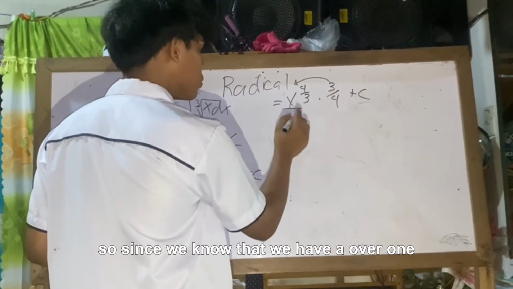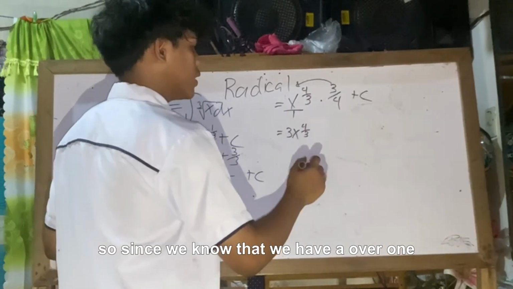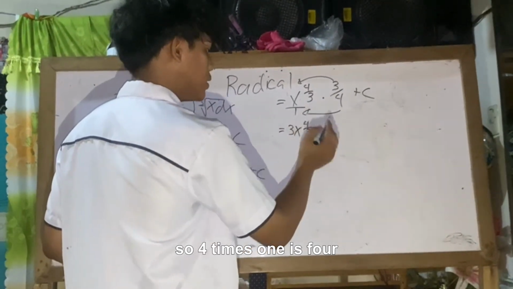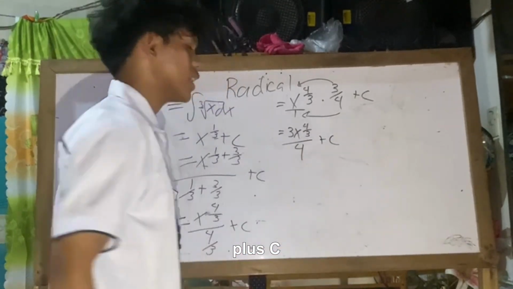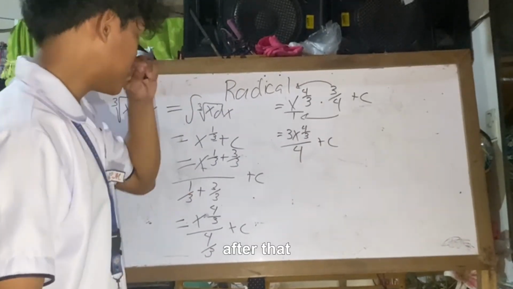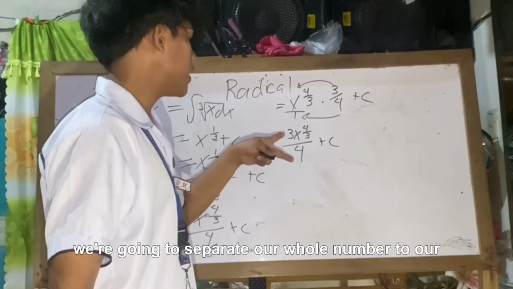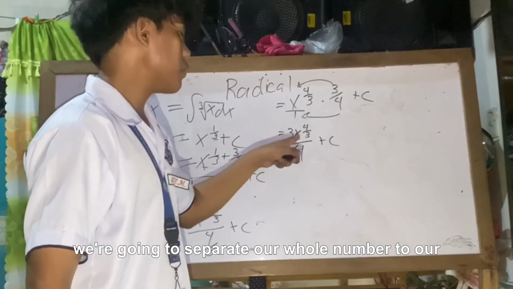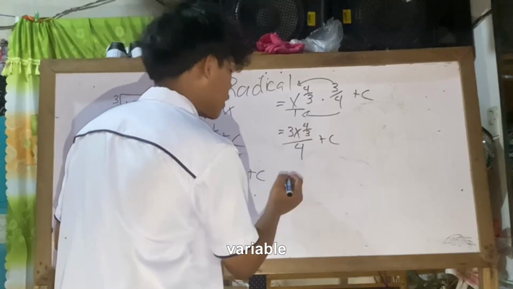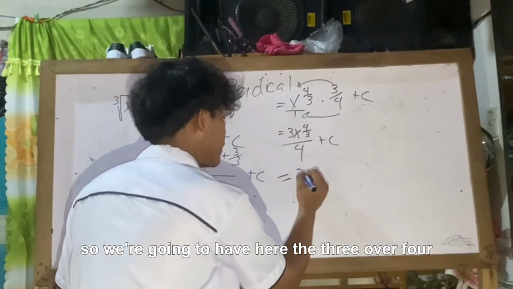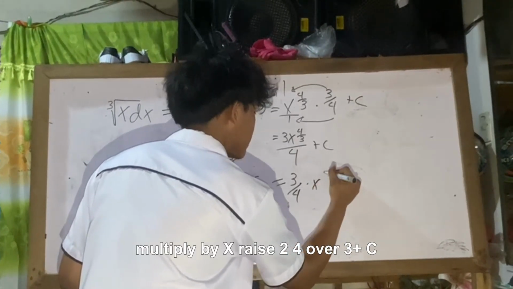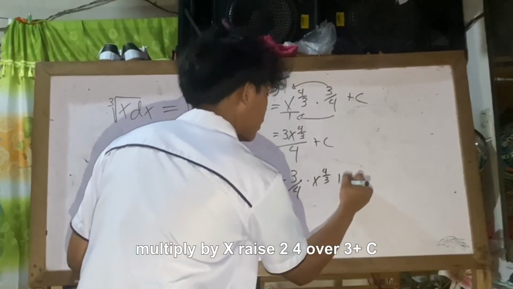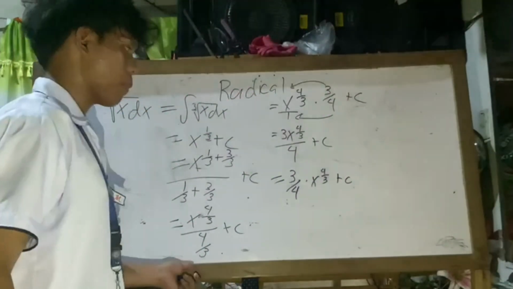So 4 times 1 is 4 plus c. After that, we're going to separate our whole number from our variable. So we're going to have 3/4 multiplied by x raised to 4/3 plus c.